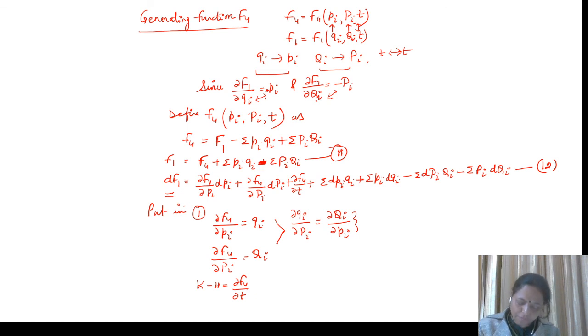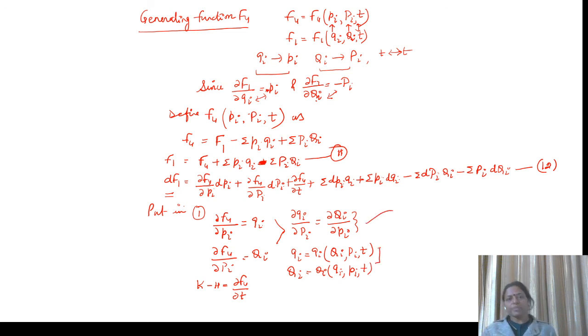And this shows that if you are having transformation equations, that means q_i in terms of capital Q, capital P and time, and capital Q in terms of small q_i, p_i and time, then with the help of these two equations, if this relation is satisfied, you will say that your transformation is canonical.